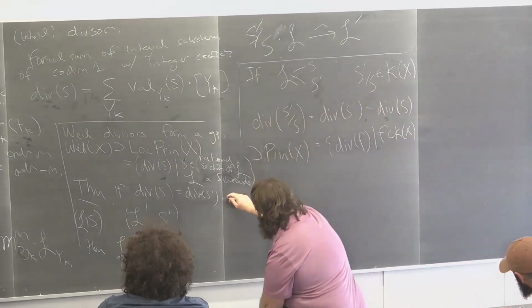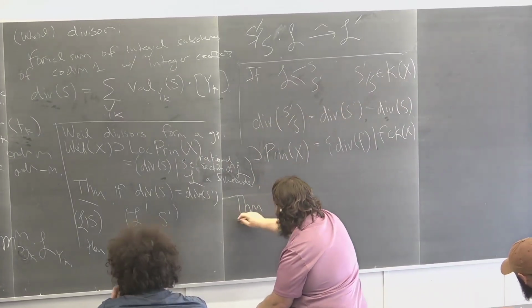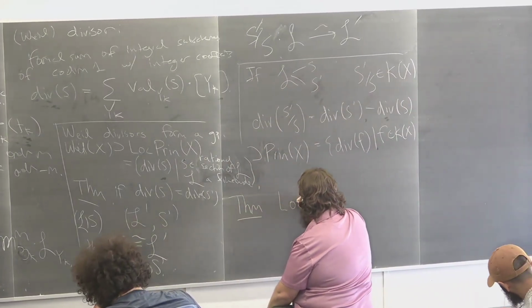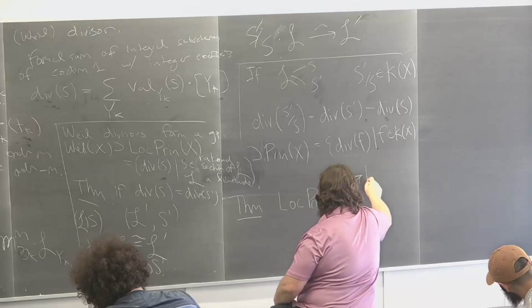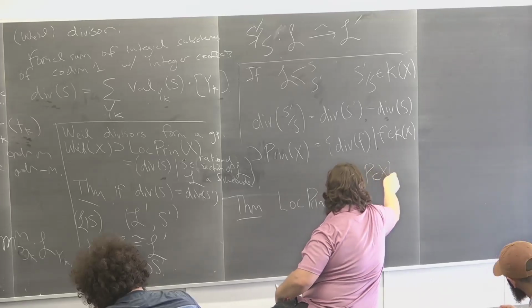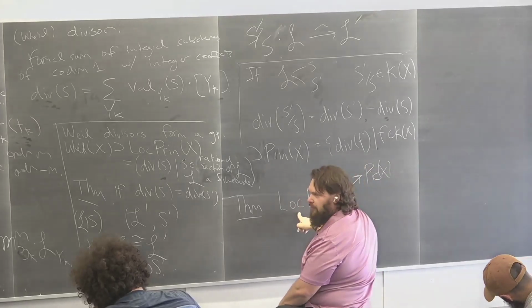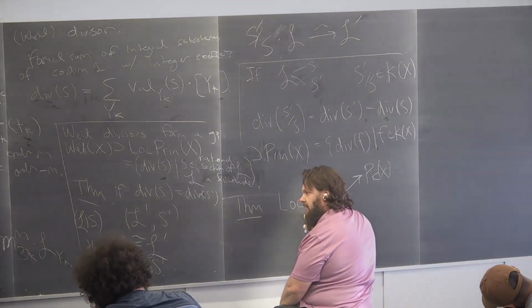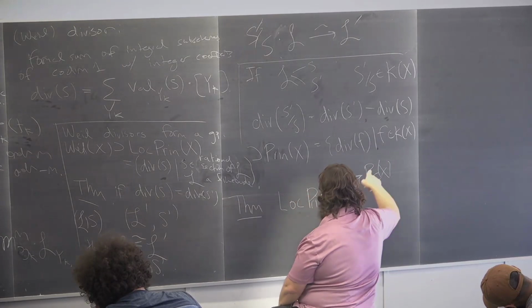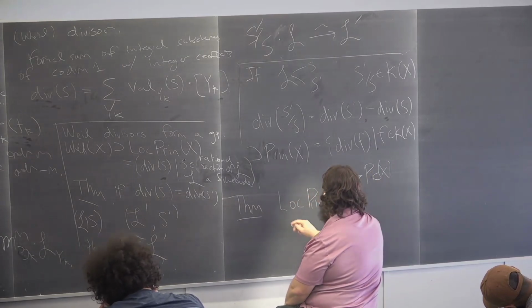So what this is telling me is a theorem. I have a map from locally principal divisors to Pic, which is: take my locally principal divisor, find an L and an S that realize that divisor, and just remember what L is.